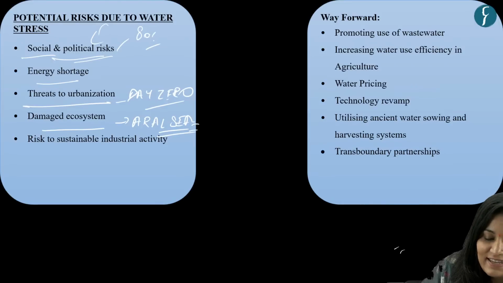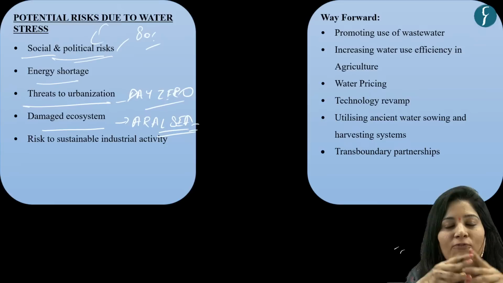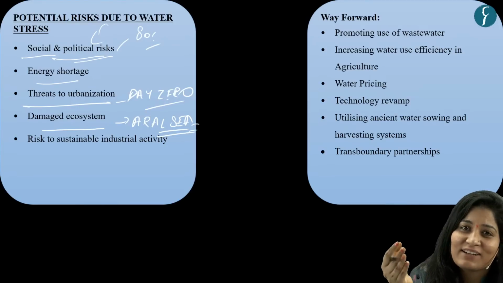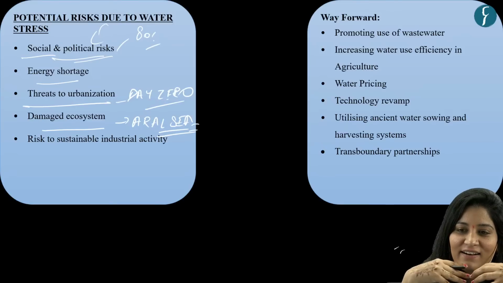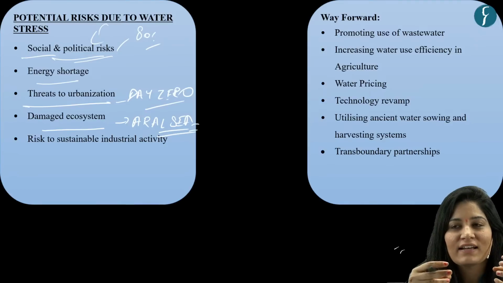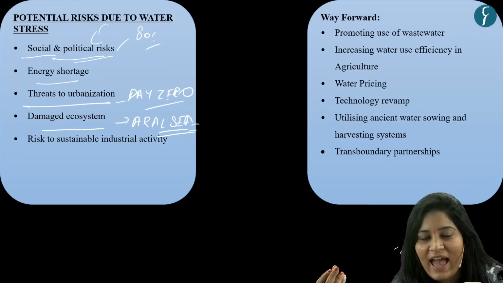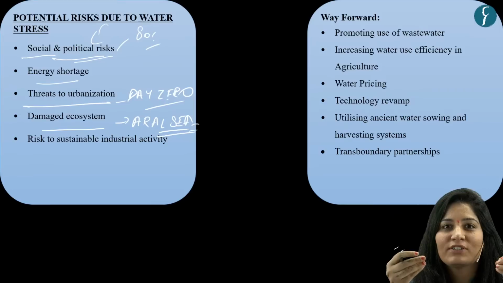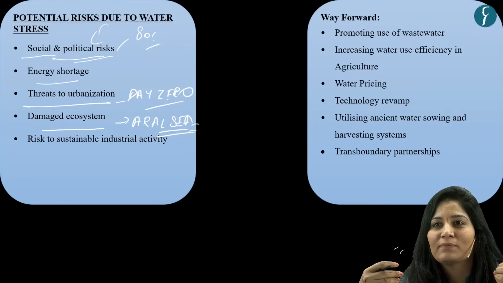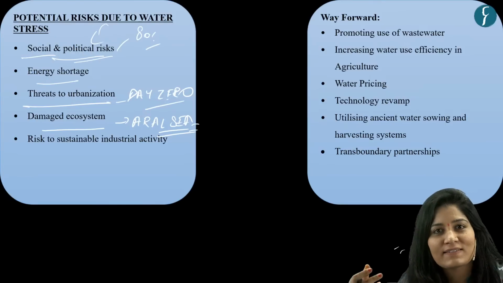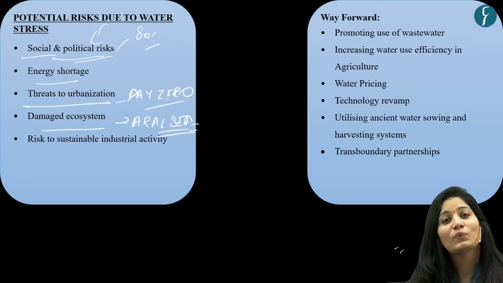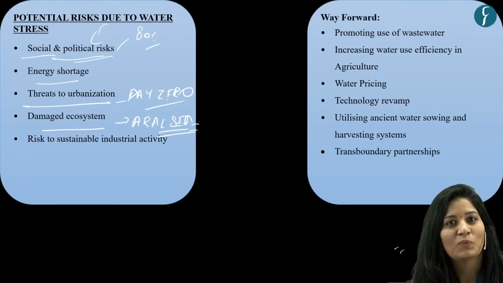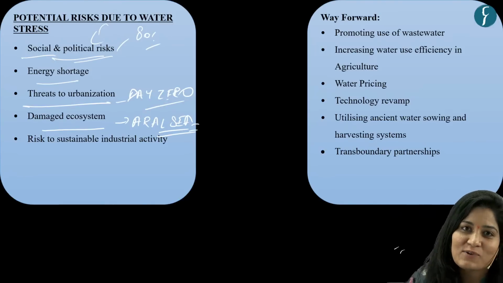See, the Aral Sea was the fourth largest freshwater resource, and in nearly 3 decades, or you can take 30 years, the area shrunk by an amount equivalent to Lake Michigan, and now it is a place of salty water. See how, because of urbanization, because we infuse a lot of chemicals and pesticides, that freshwater resource converted into a hub of salty water. That's how water scarcity can damage the natural ecosystem.